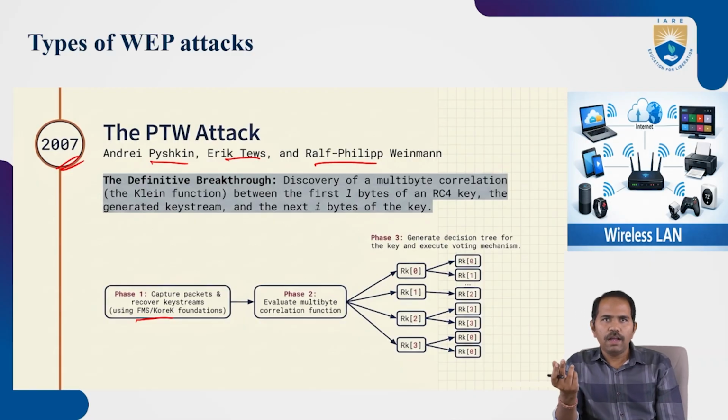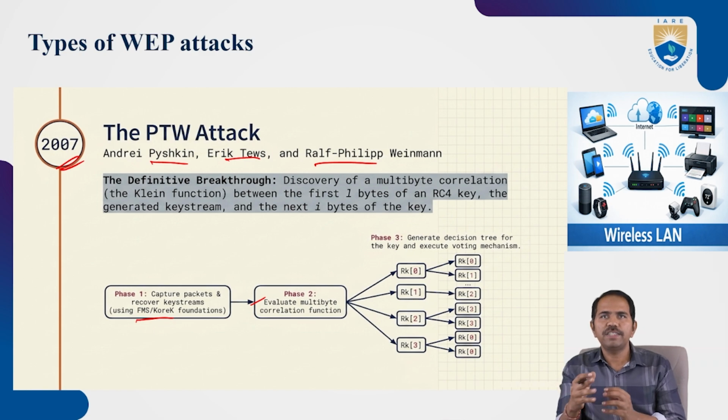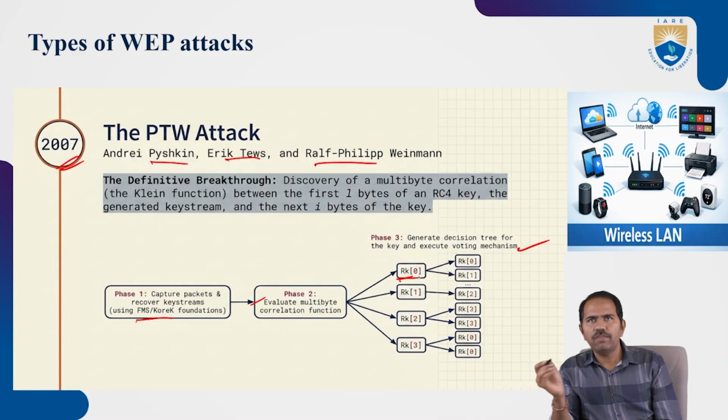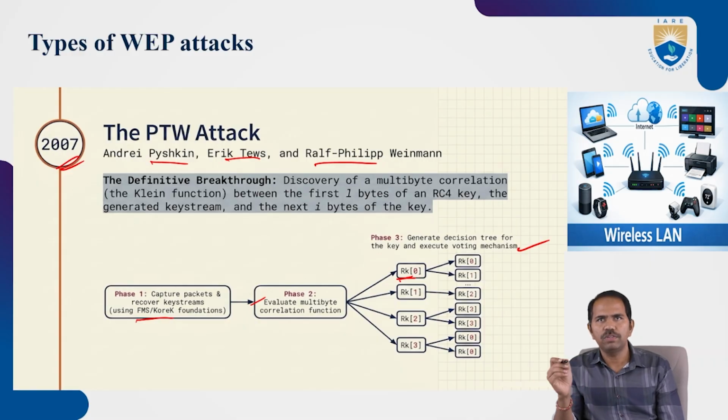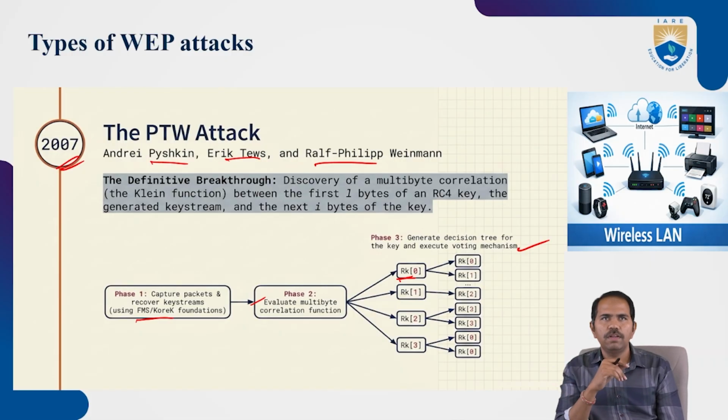Phase 2: once the packets are captured, evaluate the multi-byte correlation functions. Then in the third stage, generate a decision tree for the key and execute a voting mechanism, taking RK0, RK1, RK2, RK3 and so on.